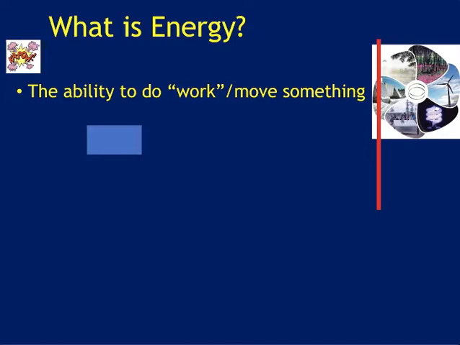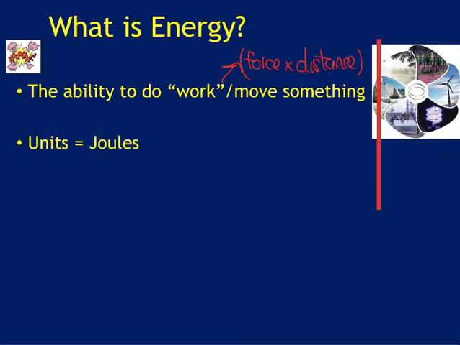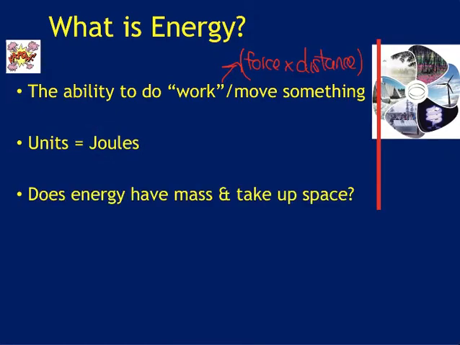Now, this is not work as in get up for your 9-to-5 job. This is work in terms of it means to move something. So work is essentially force by distance. So how much effort do you have to put into moving something? And that applies even for you having to stand up. That is doing work. We measure it in joules, which is the energy unit.